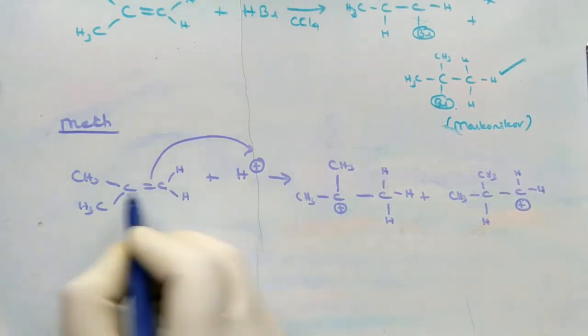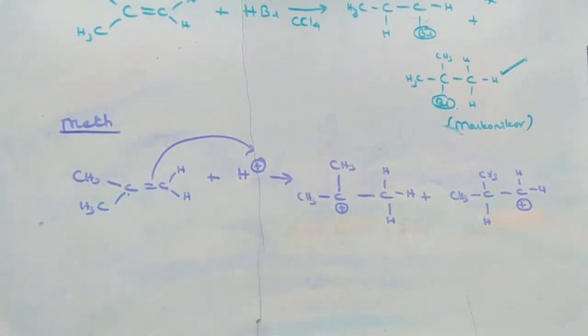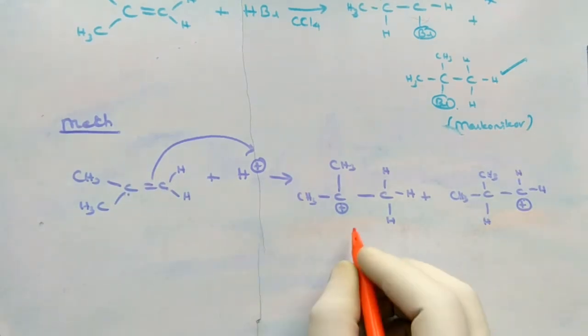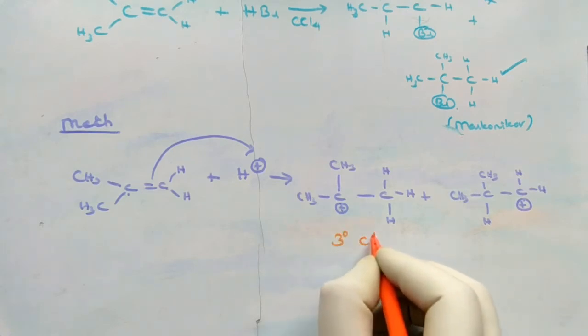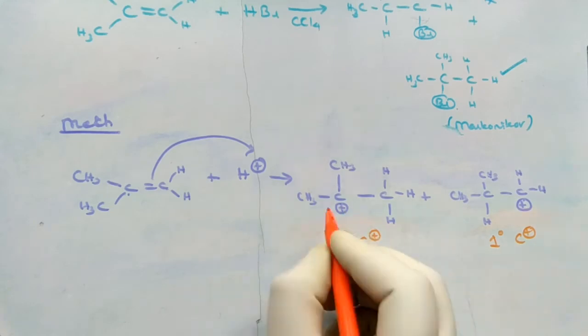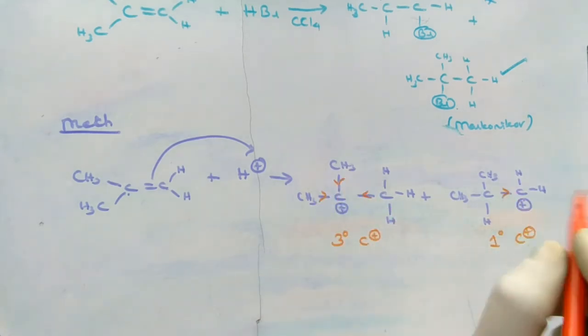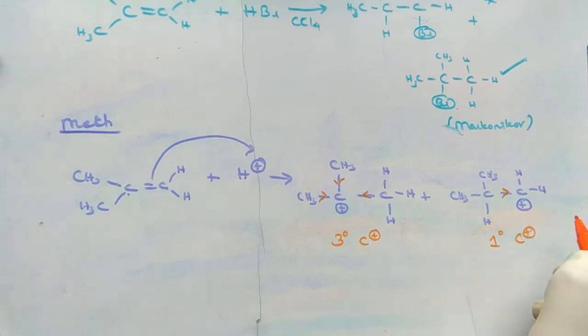So we got two types of carbocations, but we need to find which one is more possible. The first one is a tertiary carbocation and the second one is a primary carbocation. As we know already, due to the plus I effect, the primary carbocation is less stable and the tertiary carbocation is more stable, as per the Markovnikov rule.